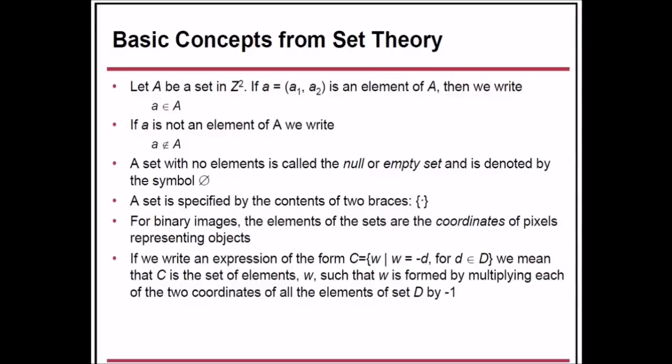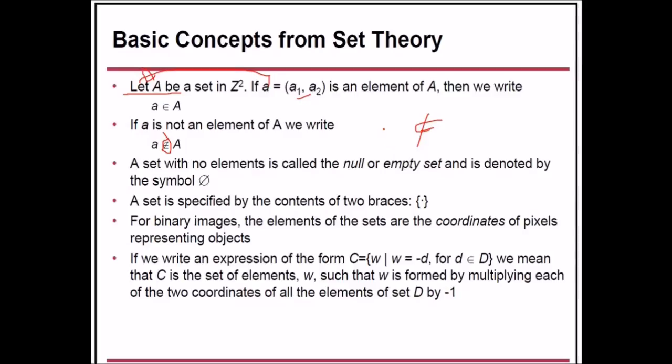Let us see basic concepts of set theory first. If A is a set in Z squared, and if a is (a1, a2), a tuple which is an element of A, then we write a belongs to A. And if a does not belong to A, we write this sign. This is the belonging, this is the non-belonging.